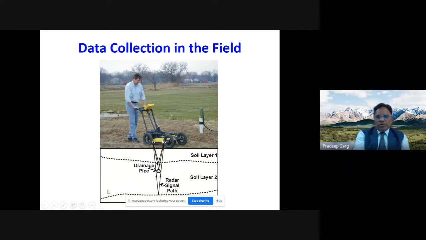This is one layer, dotted line. This is another layer. From every point, there will be a radar beam which will strike that particular object and reflect back. It will receive those reflected radar beams, and the transmitted signal and the received signals will have different characteristics, and one has to understand these characteristics in order to determine what kind of object could be possible below the ground.